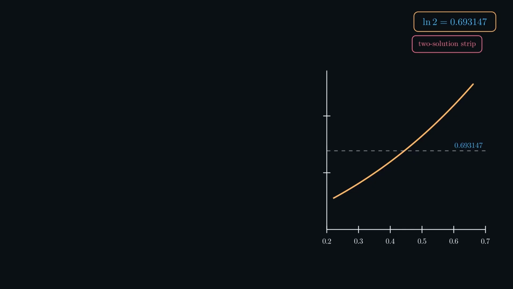I make a guess. At my guess, the curve has a value and a slope, and I know both. So I slide along the tangent line, the straight line that kisses the curve at my guess, until that line hits the target height. Straight lines are trivial to solve. Where the line lands becomes my new guess. Repeat. The recipe, in symbols.